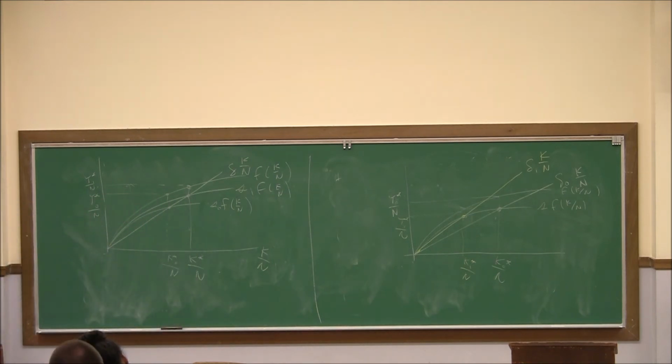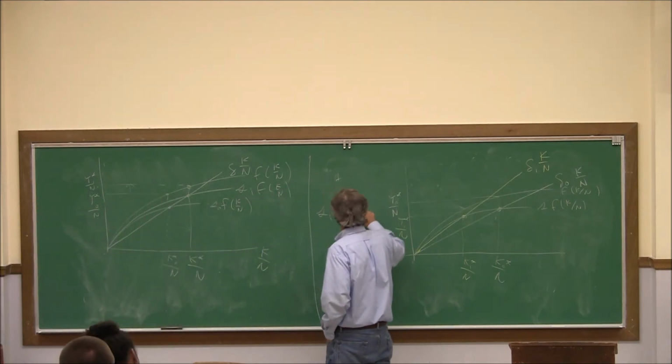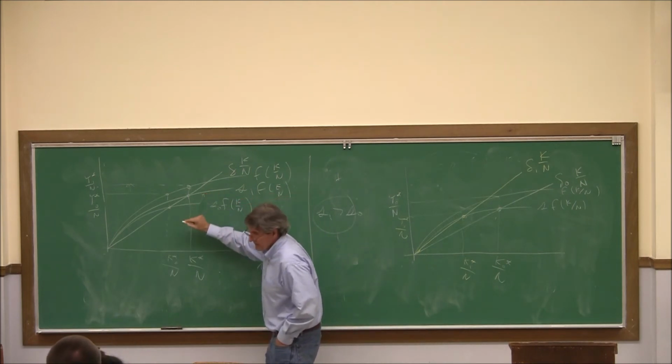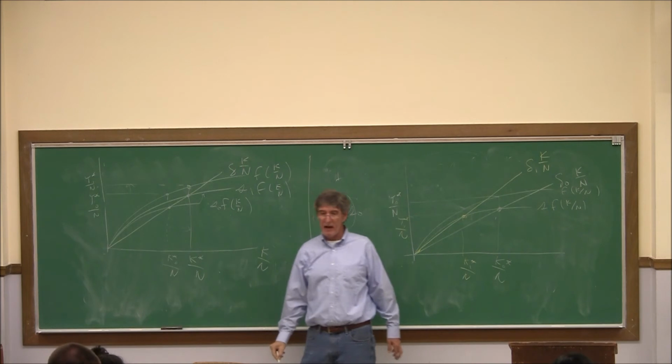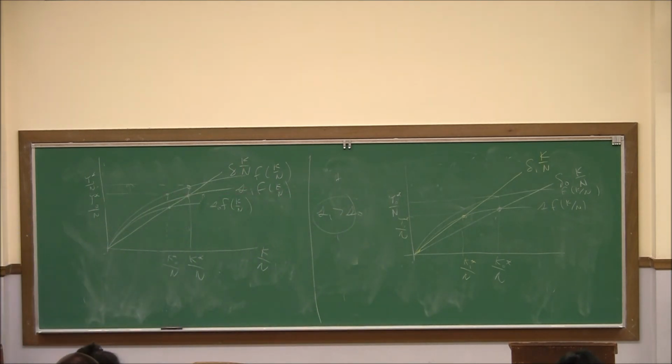The savings rate is going up, yes, so S1 is greater than S0, and this just rotated up because savings went up. It's called the Solow growth model, partly what he got his Nobel Prize for.